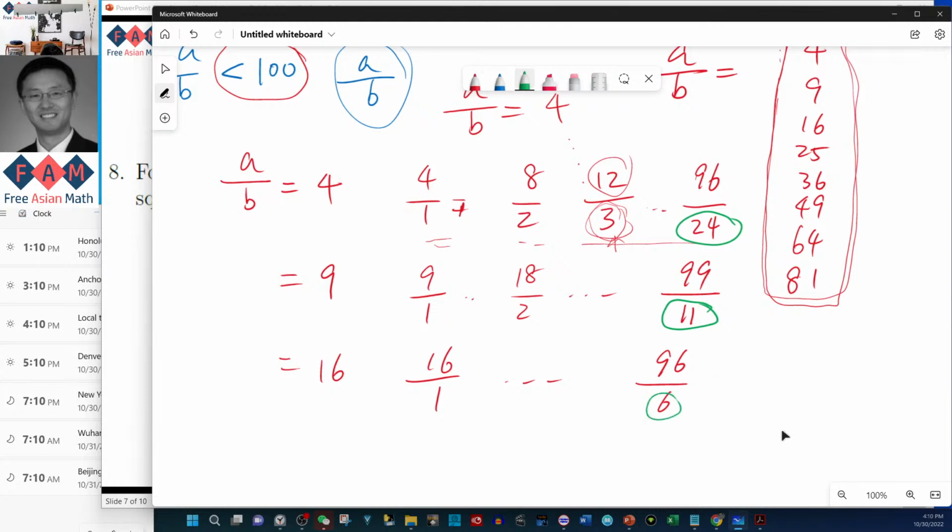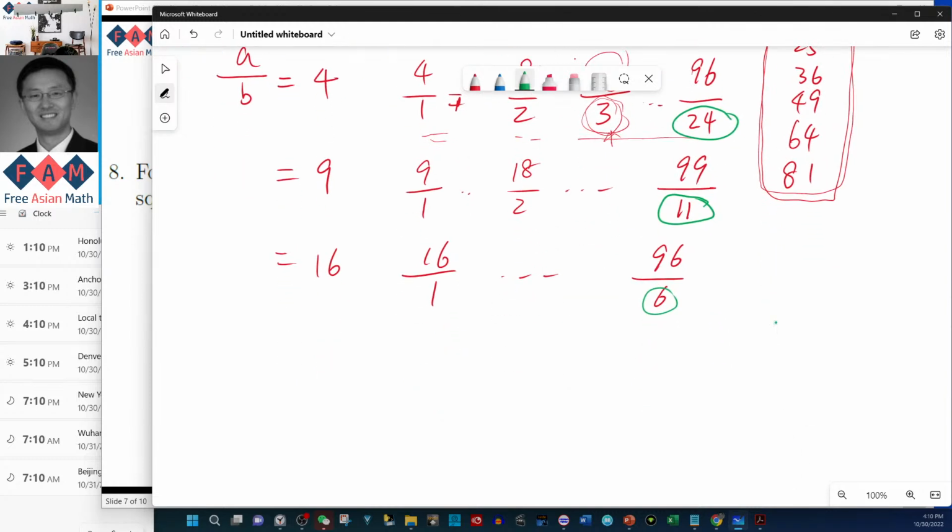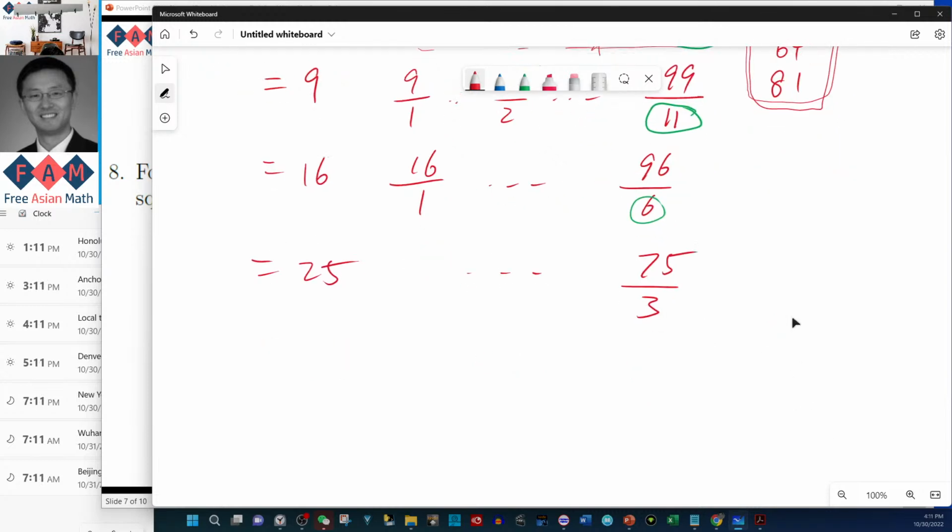So you continue, you list all of them, which will be much quicker. So for 25, you get 3 times 25 is 75. You cannot have 4, otherwise it will be over. For 36, you get just 2, 72, right? 3 will be 108. 49, the same thing, 98.